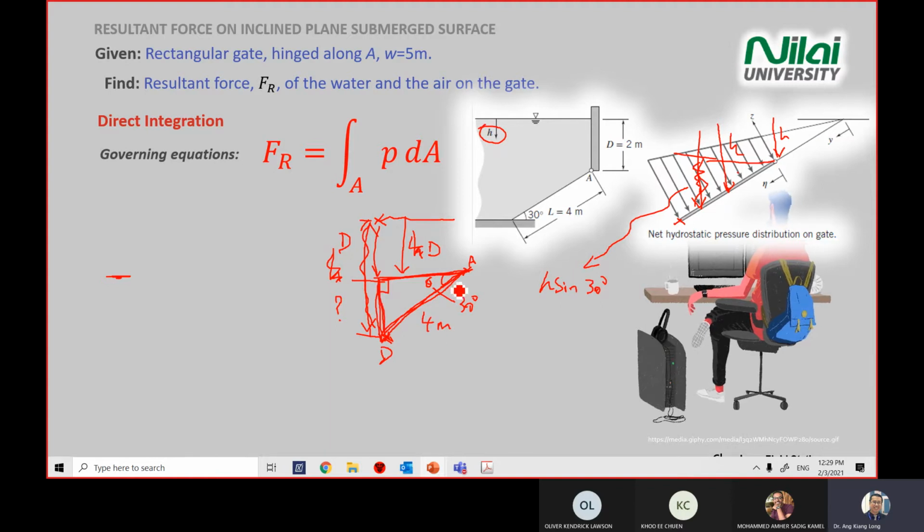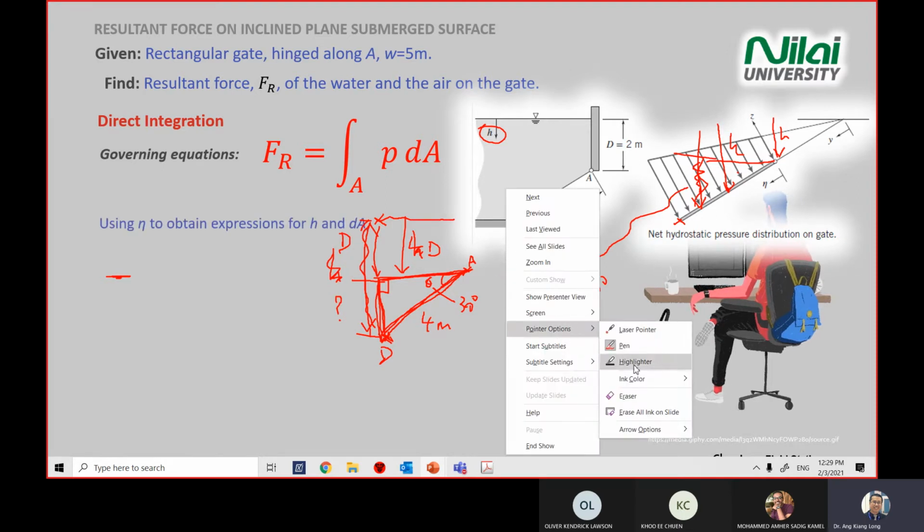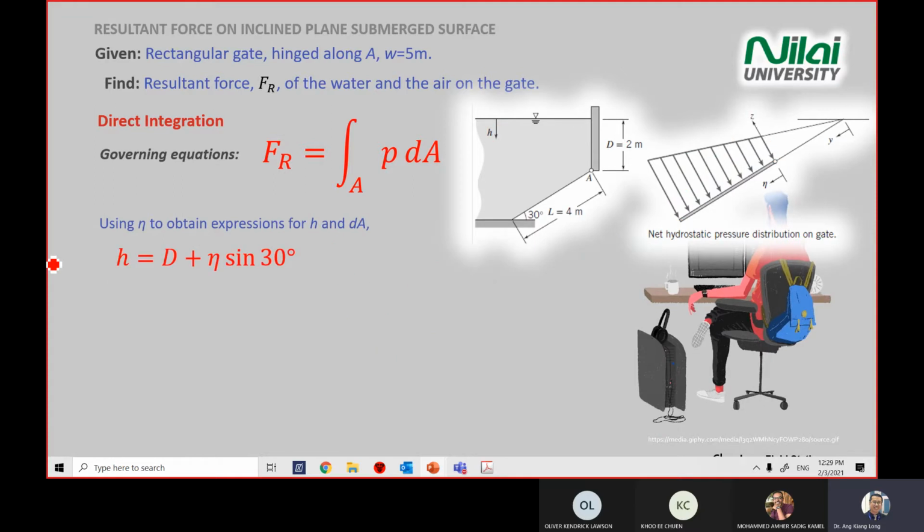Your opposite and hypotenuse is a sine relationship. So this one is your N times the sine 30 degrees. So that's why we can use this equation: H equals D plus N sine 30 degrees. So your N is the length of this one.